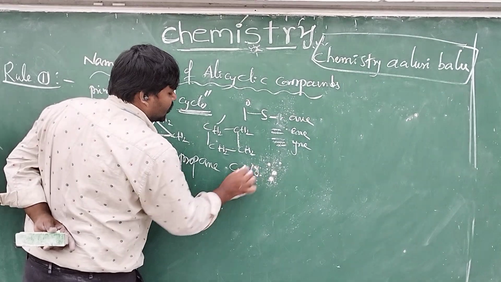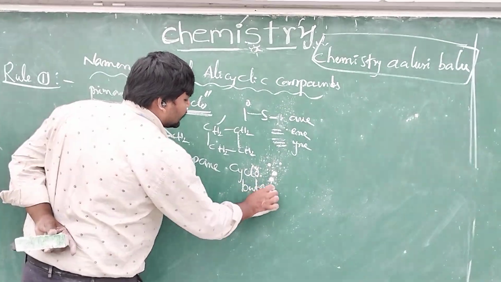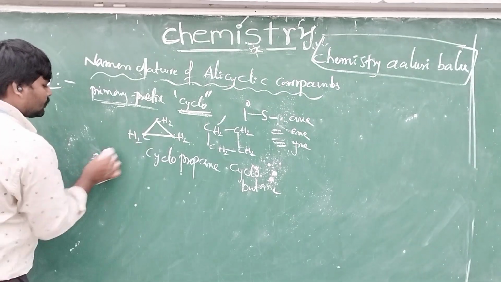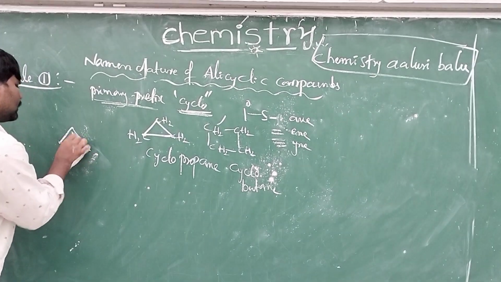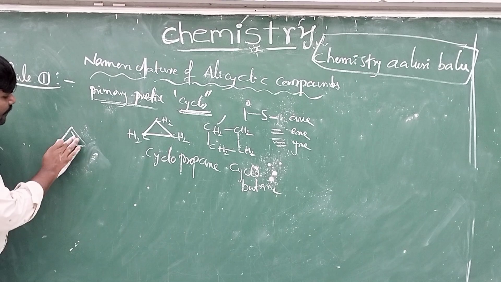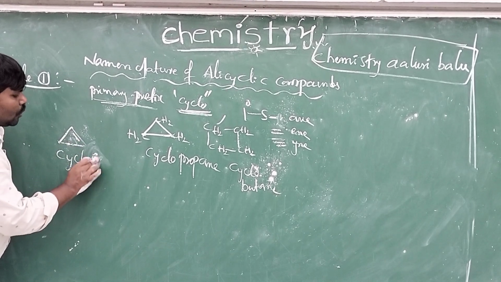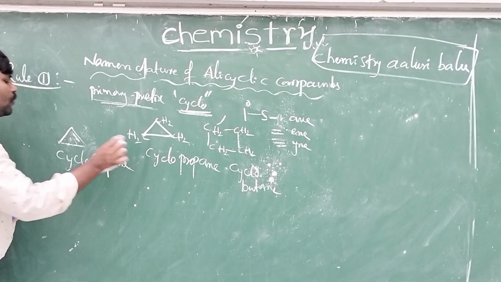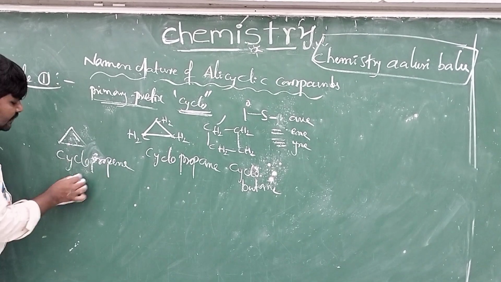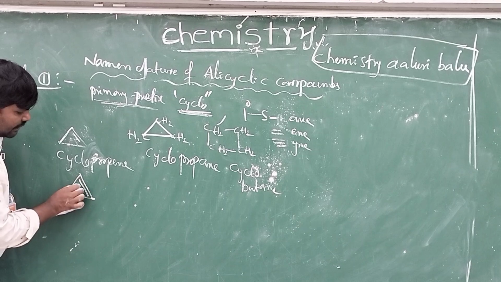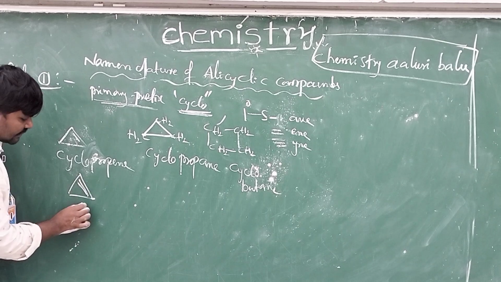The name of this compound is cyclobutane. If you take a carbon-carbon double bond, it is cyclopropene. If there is a triple bond between carbons, cyclopropyne.